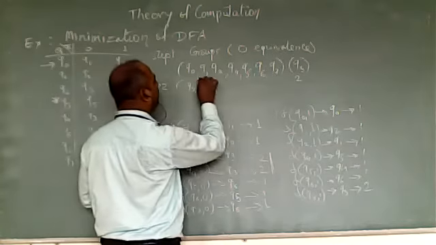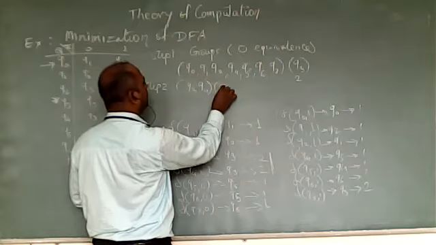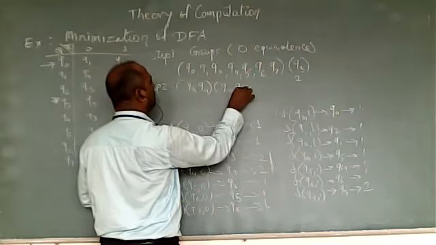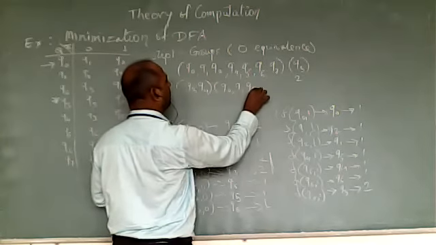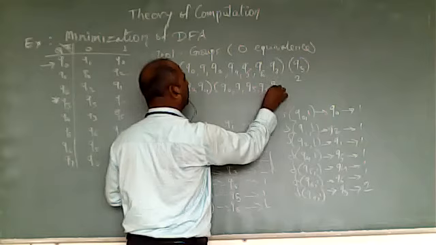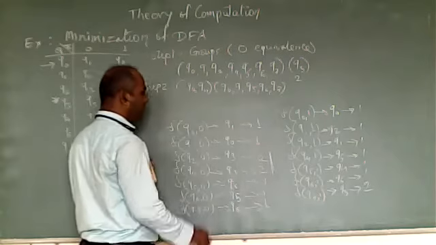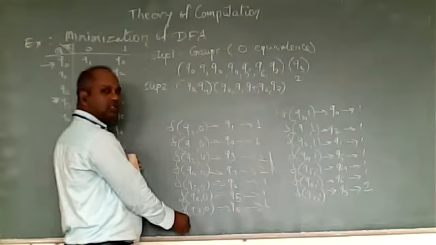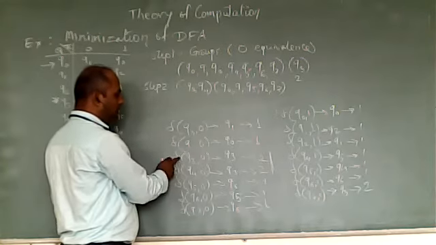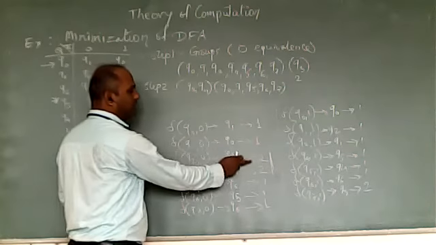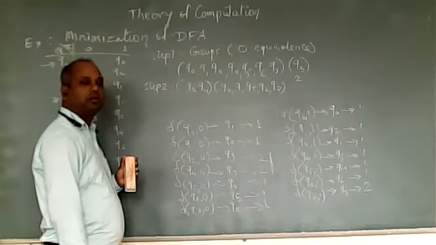The remaining will be Q0, Q1, Q5, Q6, and Q7. With the 0 input transition we are separating Q2 and Q4, because they show different properties; they are going to different blocks.